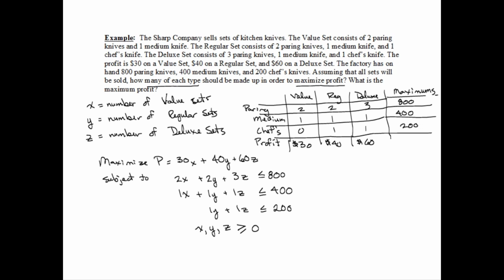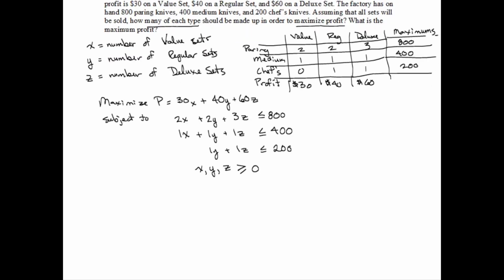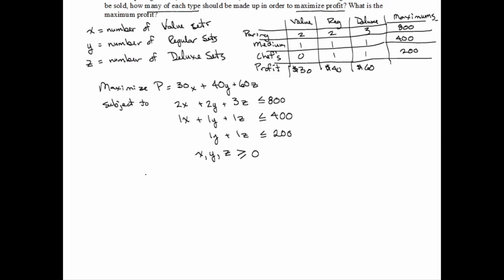So we're going to use this to write our initial system. We're going to put in the slack variables. So that first constraint, I'll have 2x plus 2y plus 3z plus s1, that's my slack variable, is equal to 800.